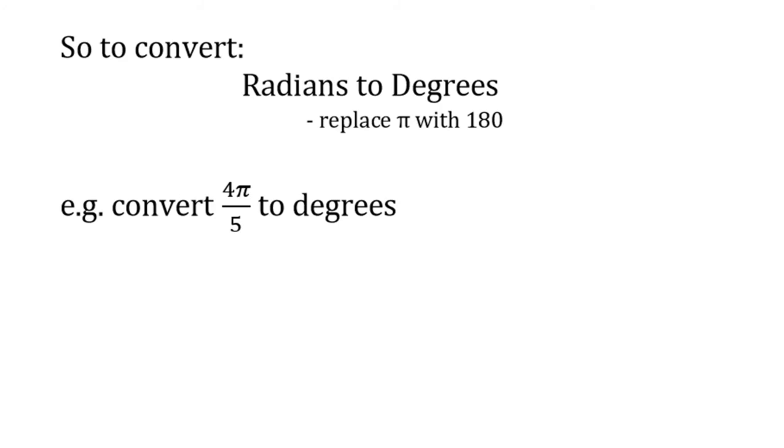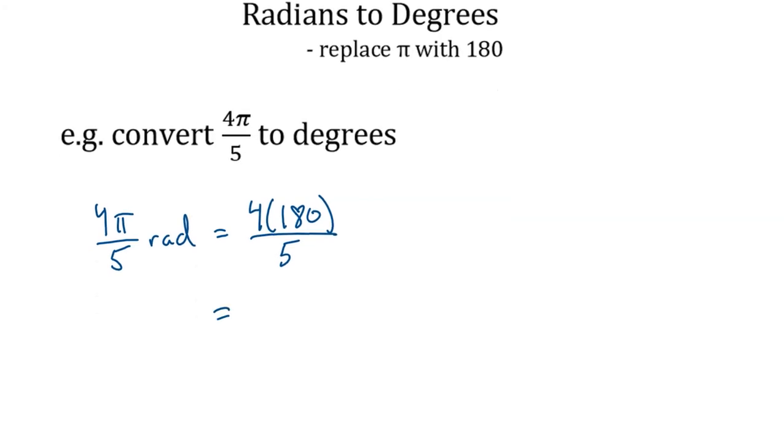And as long as there's a pi in there, you just use this easy rule. Just replace pi with 180 degrees. So 4 pi over 5 radians equals 4 times 180 over 5 degrees, which is what? Anybody have a calculator?